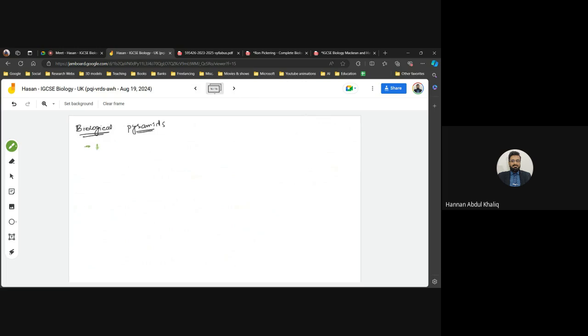These are pyramid-shaped diagrams, pyramid-shaped pictures.